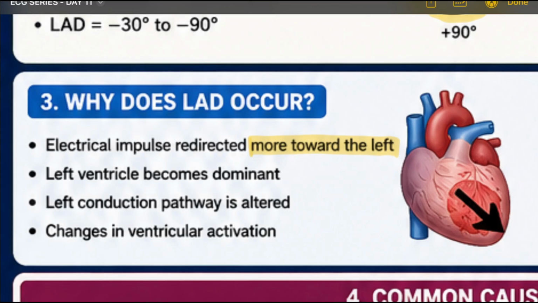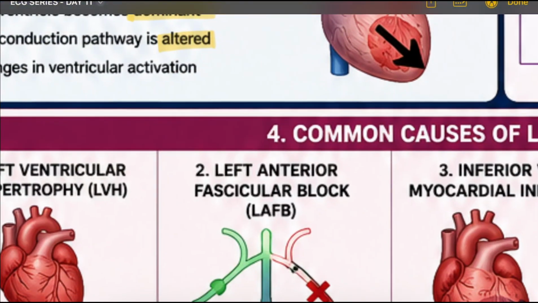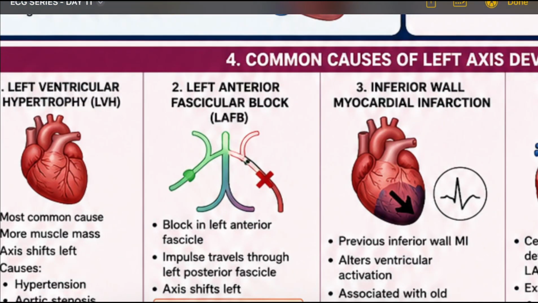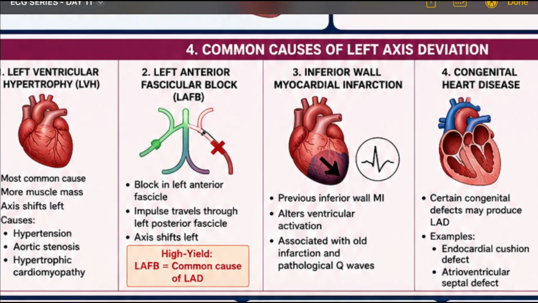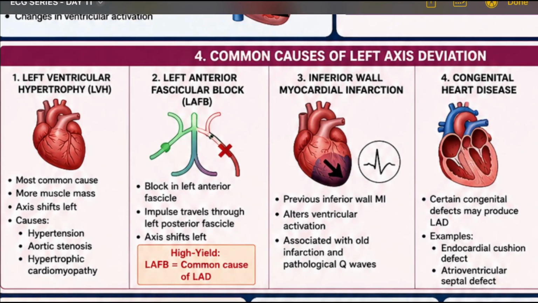This happens because the left ventricle becomes dominant, the left conduction pathway is altered, and the electrical activation of the ventricles changes. Okay, so these are the common causes of left axis deviation.